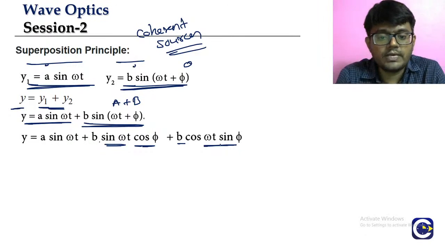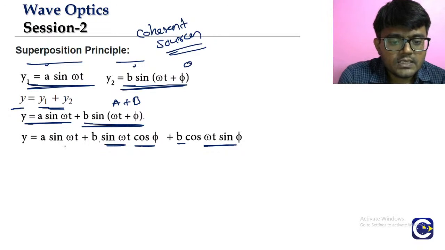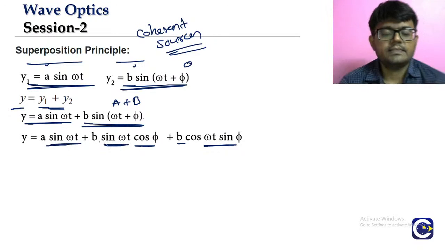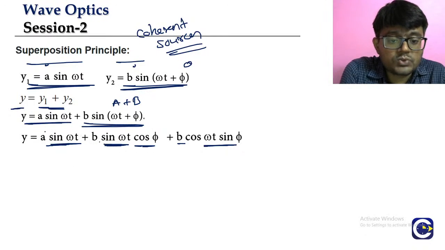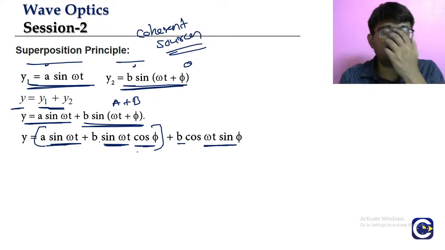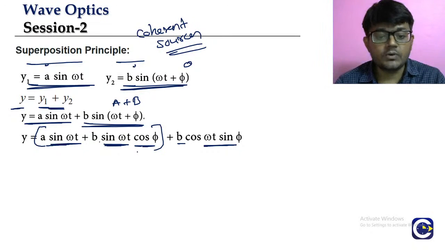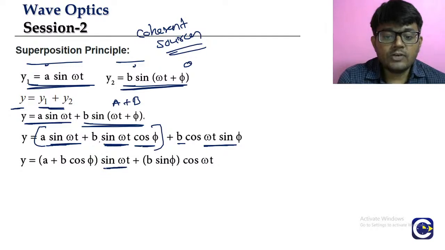Now I want you to look at two things. Sine omega t is there, sine omega t is there. If you take these two together, look at what we will get. Sine omega t we can take common.